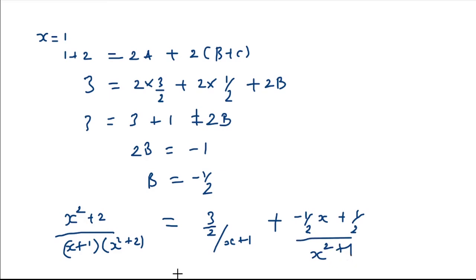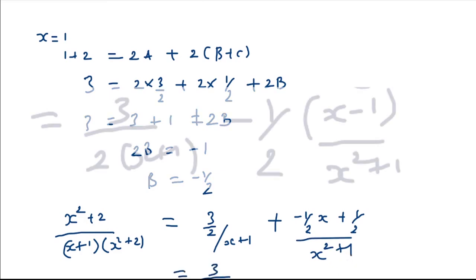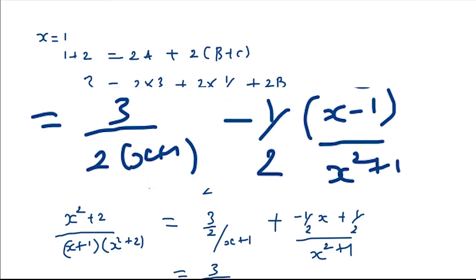Now this one can be rewritten as 3 over 2 into x plus 1. Then if you look at this, we have a common factor. We can factor out -1/2, so that in the numerator we remain with x minus 1 over the denominator, which is x squared plus 1. So this is the decomposition of this.